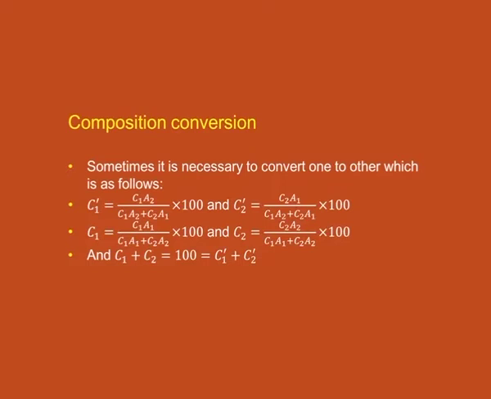This is the conversion in which we get the atomic percentage if we have the weight percentage of the elements in the alloy. Similarly, we can find out the weight percentage if we know the atomic percentage of the elements in the alloy, by following the formula: C1 = C1'A1 / (C1'A1 + C2'A2) × 100, and C2 = C2'A2 / (C1'A1 + C2'A2) × 100.